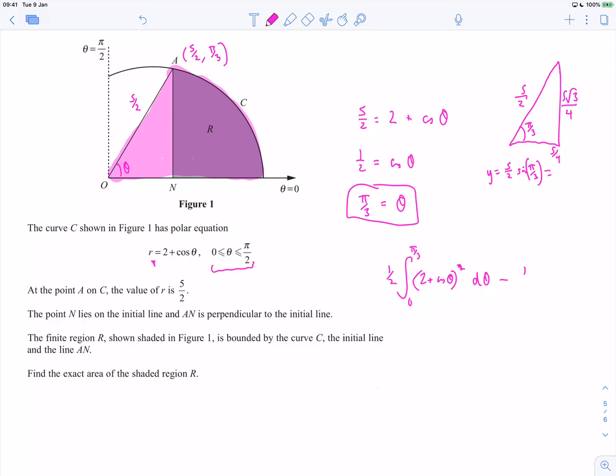So really we need to do a half of 5/4 base times by height, 5 root 3 over 4. So this is actually going to be 25 root 3 over 32. So now we just have to evaluate this integral between pi over 3 and 0 of 2 plus cosine theta squared d theta.